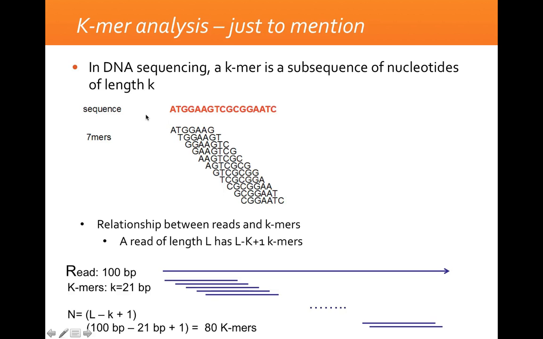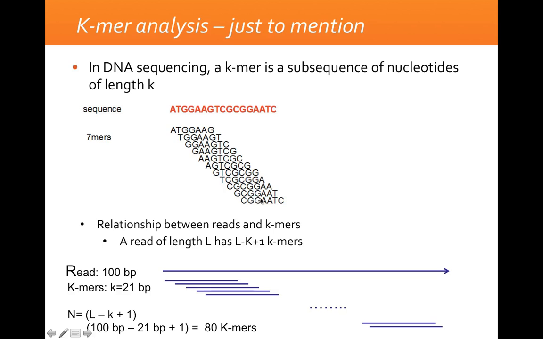So a Kmer is a subsequence of your longer sequence. In this case, this 7-mer, the Kmer is a 7-mer, and you chop the original sequence into 7-mers, or use a sliding window of 7.